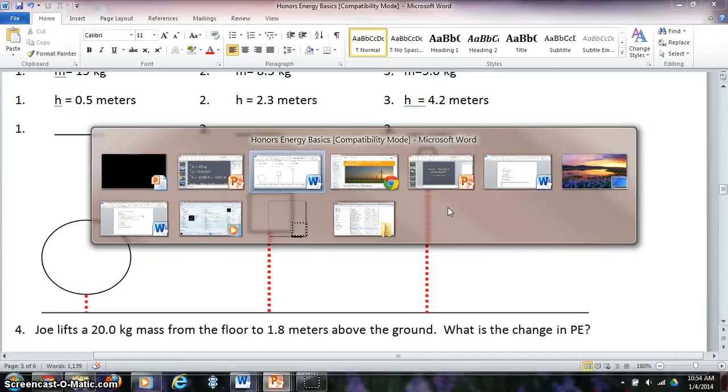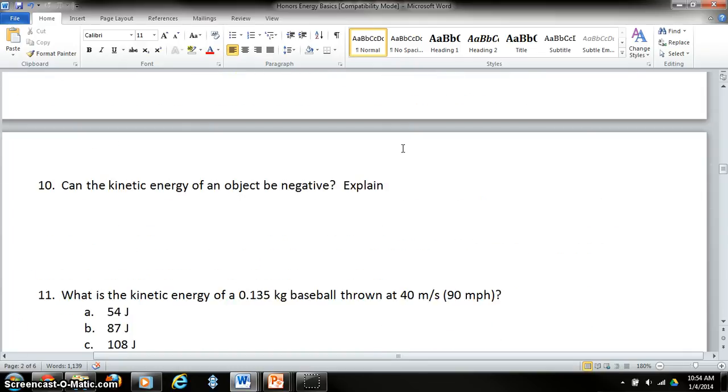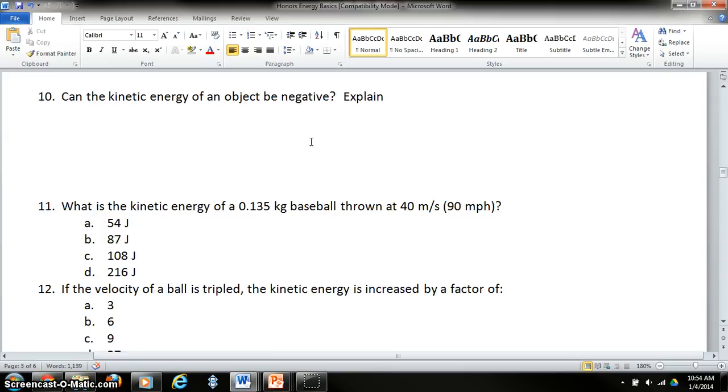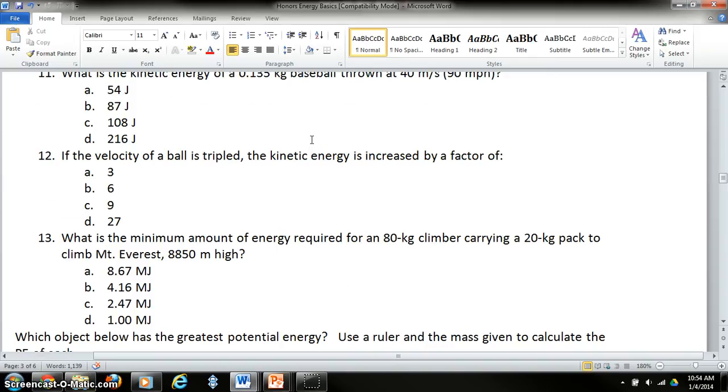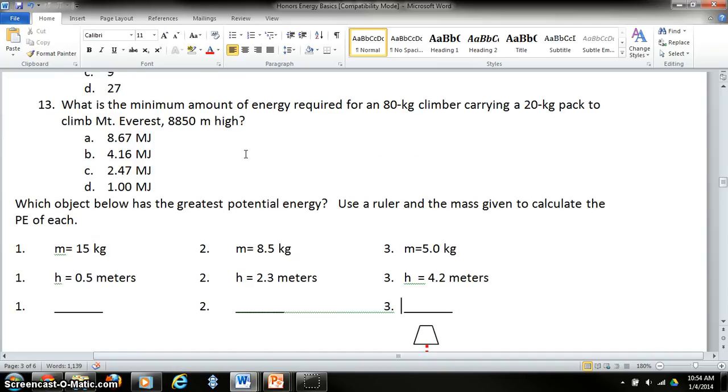So that's it for kinetic energy and potential energy. That should give you enough information to be able to complete the next few pages of the packet. Things like, can kinetic energy ever be negative? Well, remember the velocity is squared, and you can never have negative mass. And then some relationships between energy and velocity.